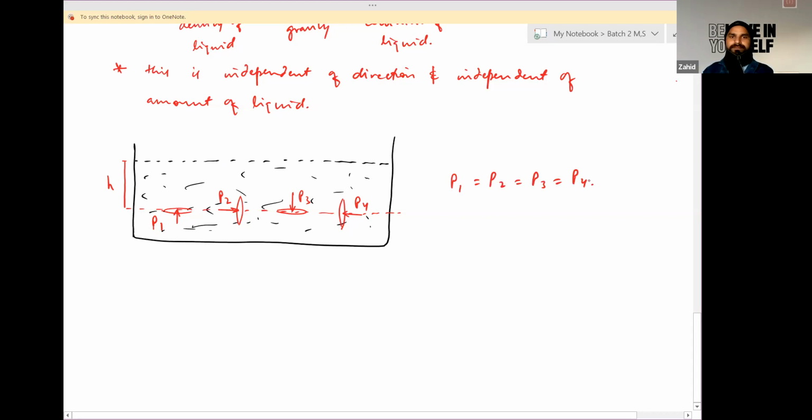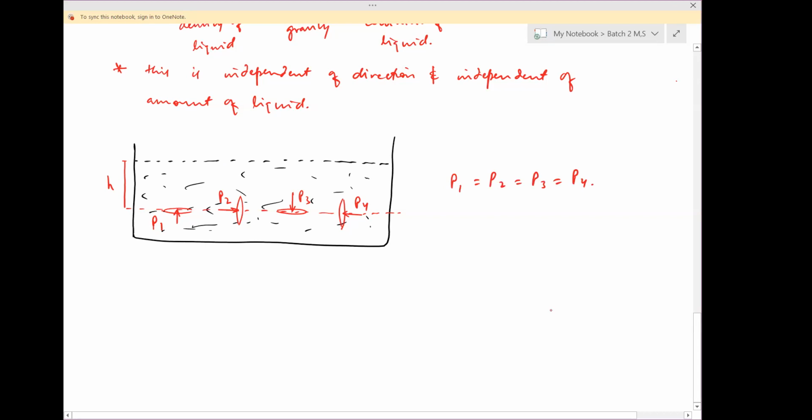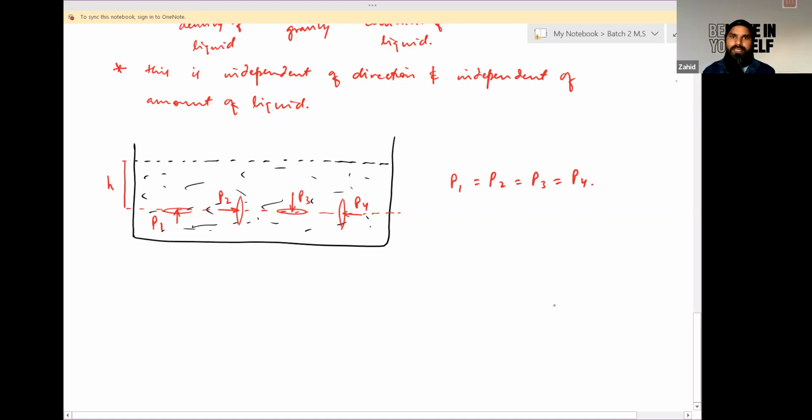Is it clear? Yes, sir. It means at the same horizontal level in the same liquid, it acts equally in all directions.